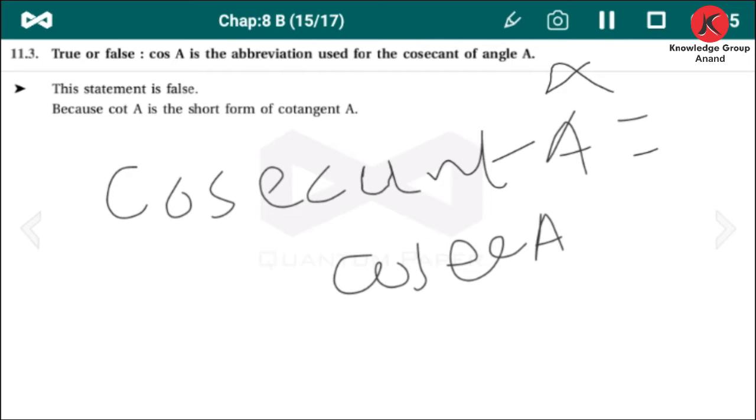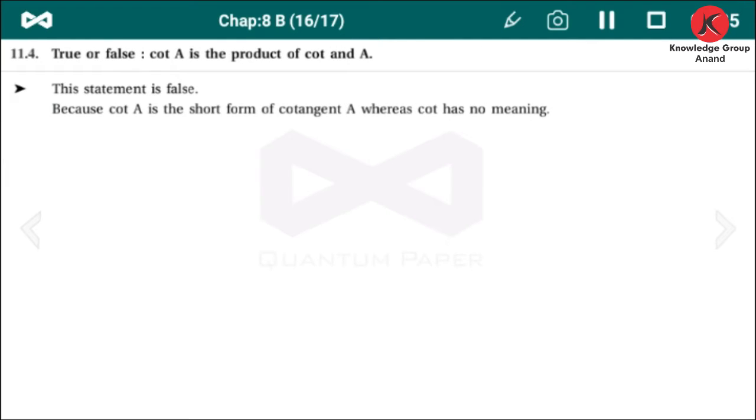And cot A is the short form of cotangent A. Cot A is the product of cot and A? It is not. Cot has no meaning.